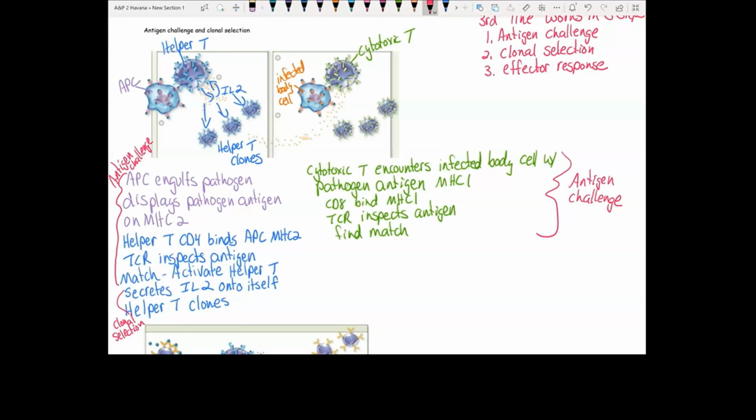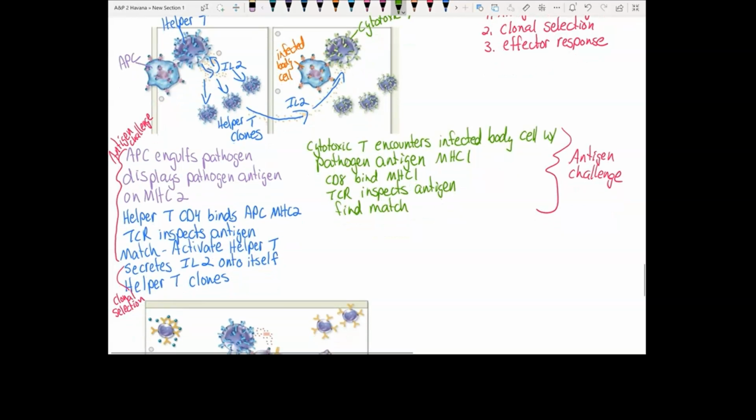Okay, then once you find your match, you have to sit and wait for a helper T. So here are your helper T clones. Notice the helper T clones are secreting chemical. They're secreting interleukin-2 onto your activated cytotoxic T. So once you find the match, you have to wait for a helper T clone to come along and secrete interleukin-2.